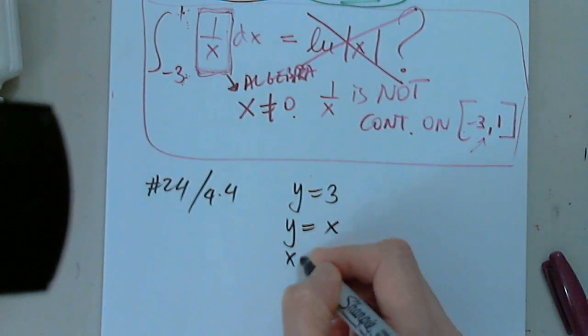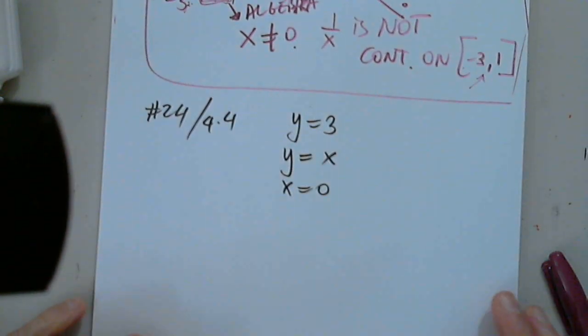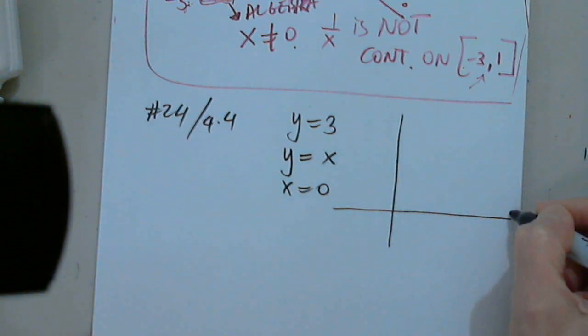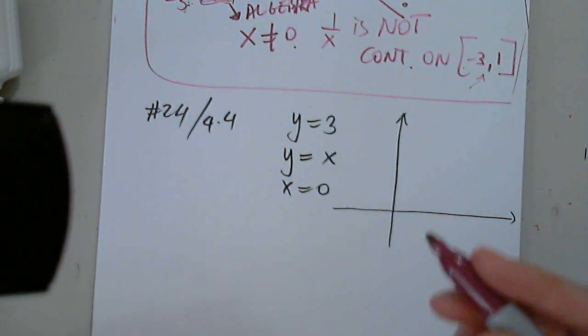Y equals x and x equals 0. So they say find the area and a graph and so on and so forth. Good. Okay. So all these are, in my opinion, not too difficult to graph. So y equals 3.